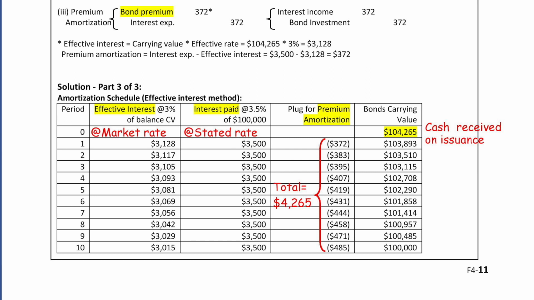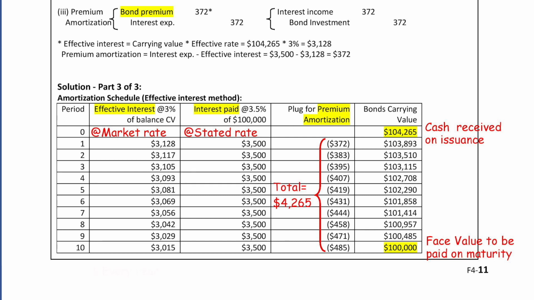And then highlight the bottom right number on this amortization schedule, the last carrying value number of $100,000, and write face value to be paid on maturity. Doing a little analysis here, if you're looking at the effective interest rate column, we see that the effective interest decreases every year.